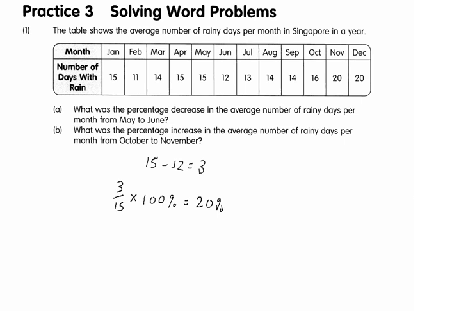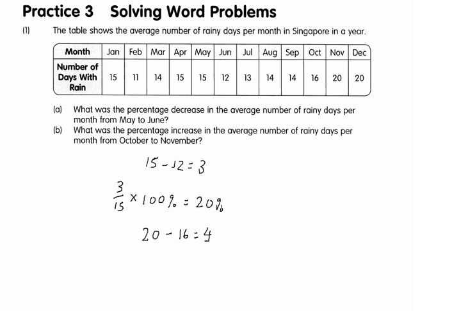Okay, part B. What was the percentage increase in the average number of rainy days per month from October to November? So now we are looking at an increase, right? Because November is 20 days. October is 16 days, and we know that there's 4 days increase, right?